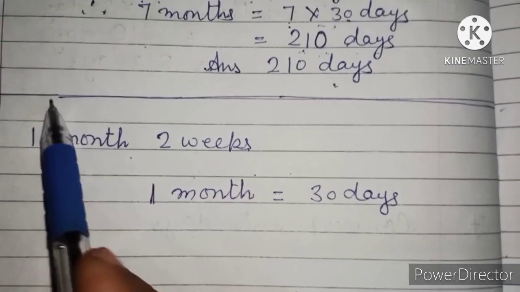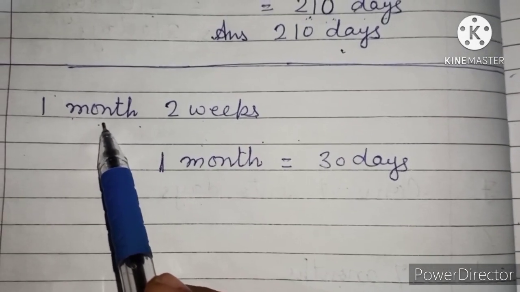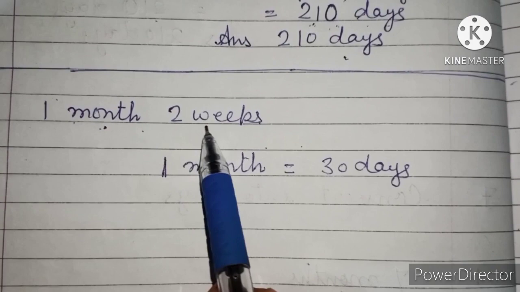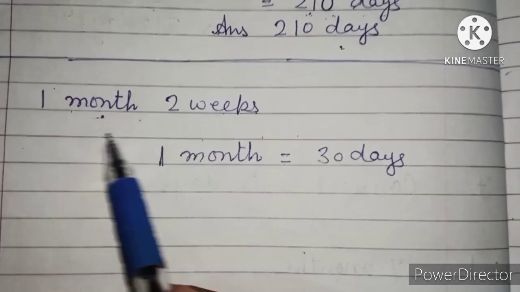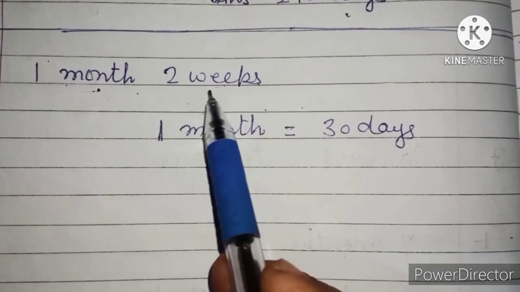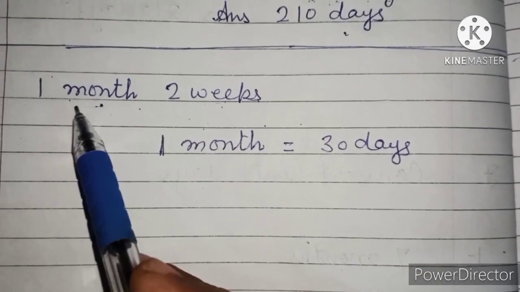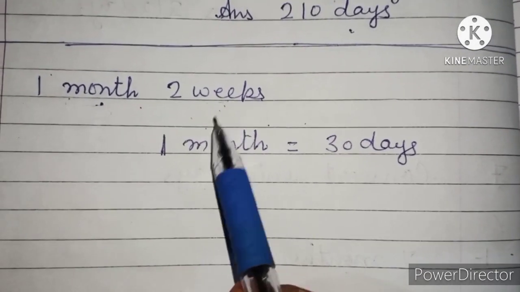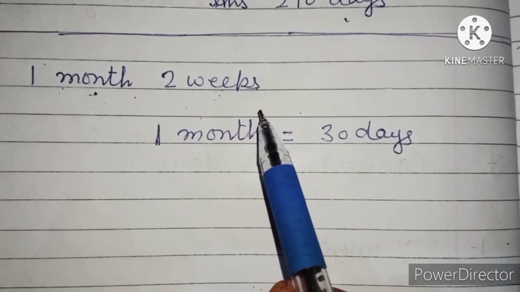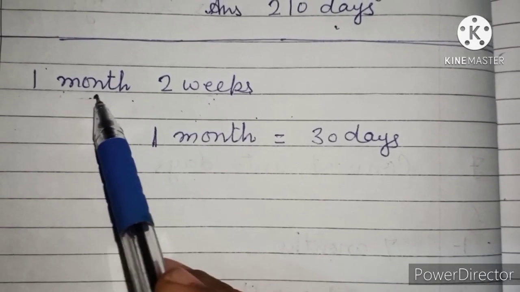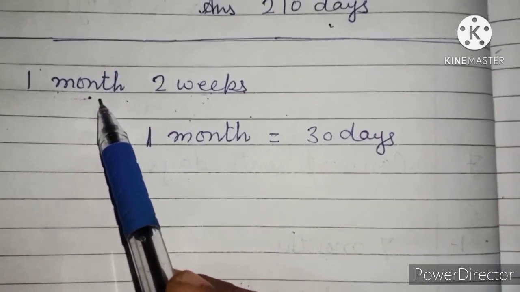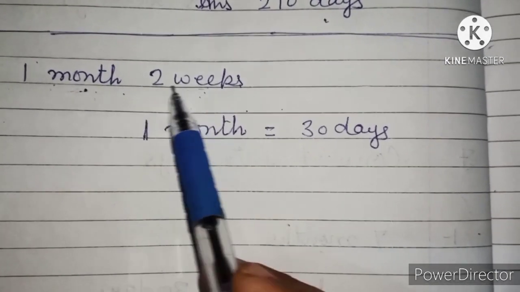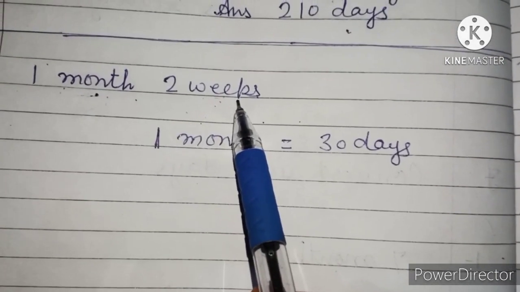Children, pay attention to the question here. It is written 1 month 2 weeks. That is, we have to change the month into days and the week also into days. Okay?